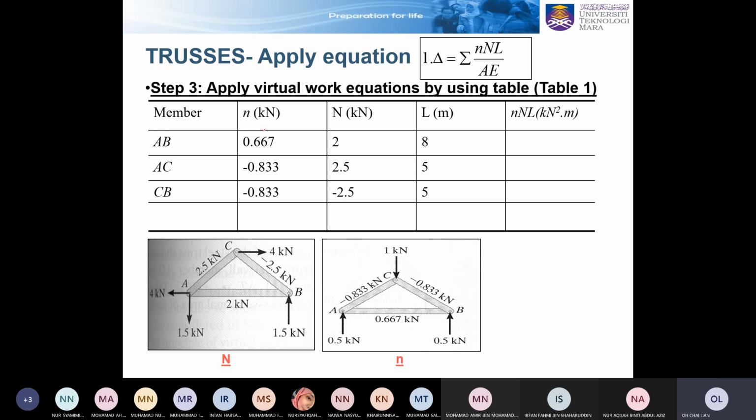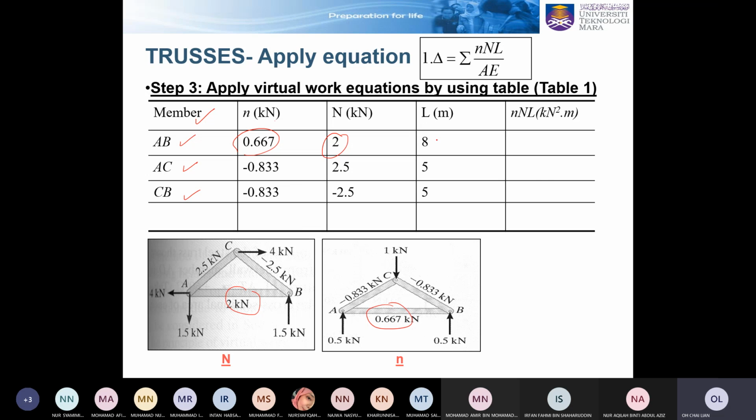Putting in how many members, classified A, B, A, C, C, B, and what is the N for each of these members. For example, AB is 0.667, and big N is 2. Be careful about negative or positive. If compression, you should put negative here.